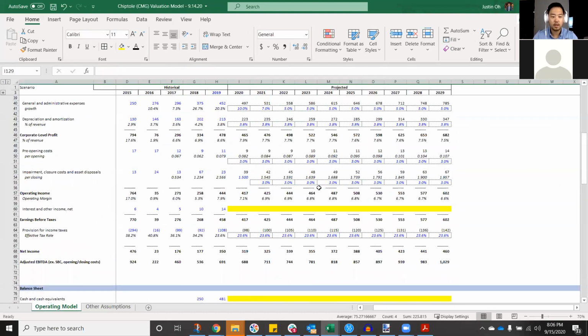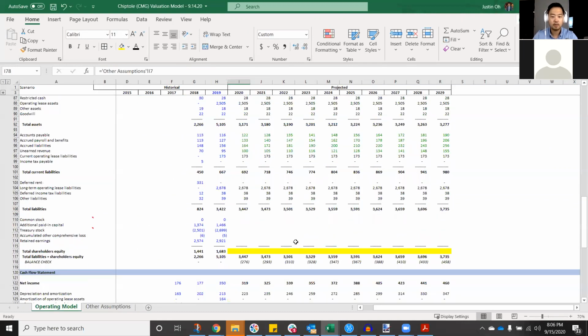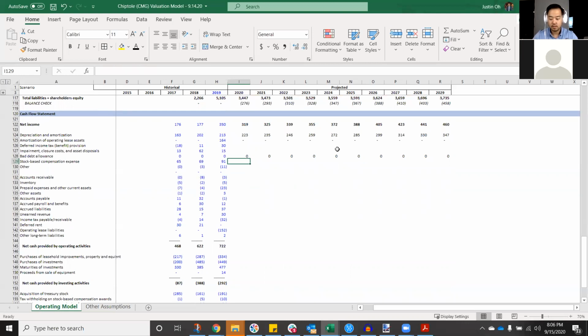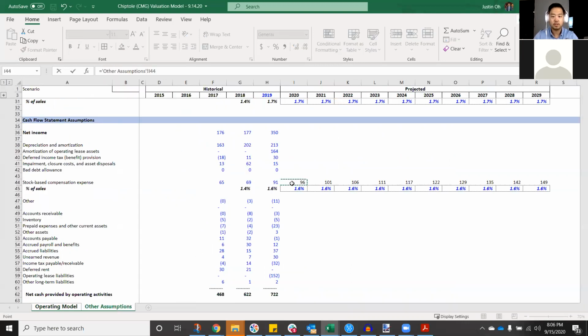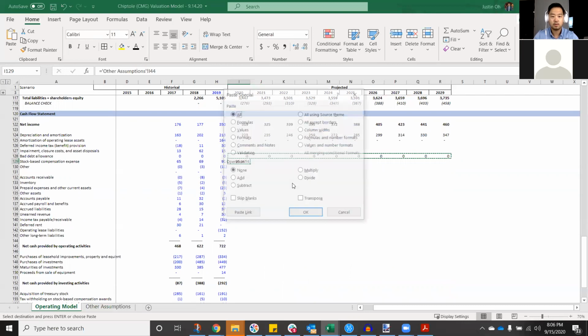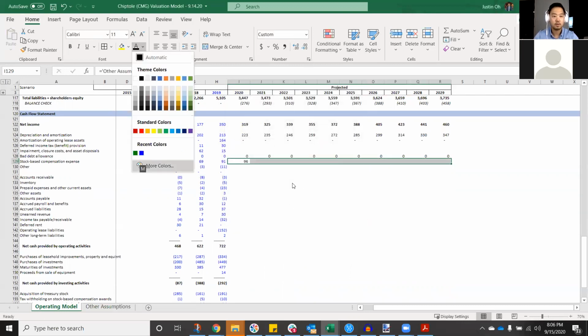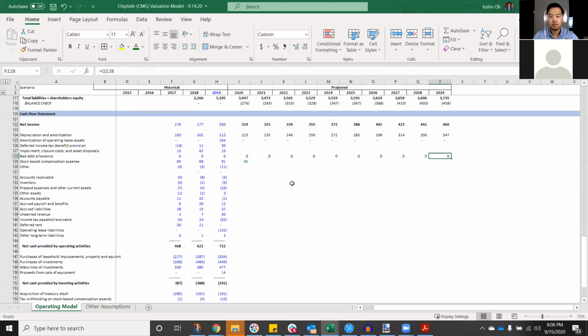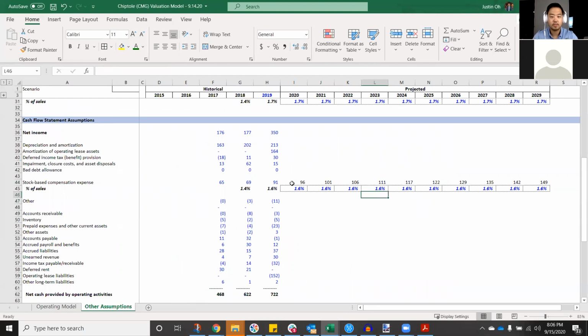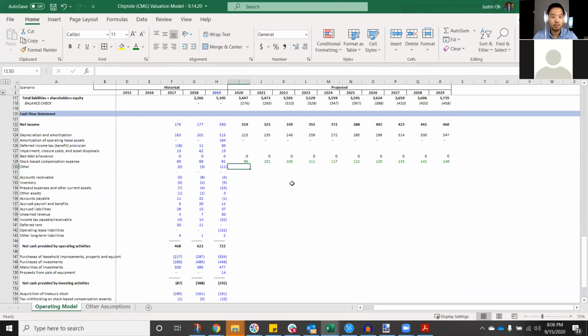Okay, cool. So going back here, SBC, we're going to pull from our assumptions. Other, I guess you can do a percentage of sales, but it's so immaterial I'm just going to zero that out.